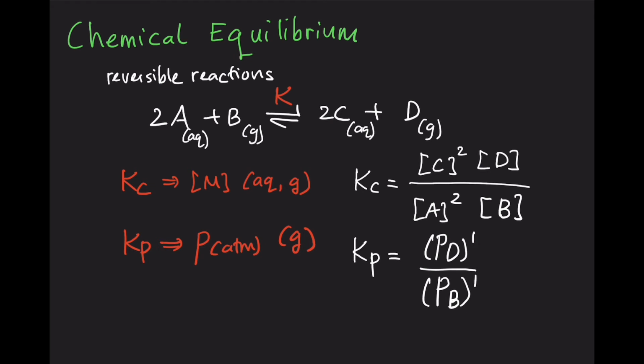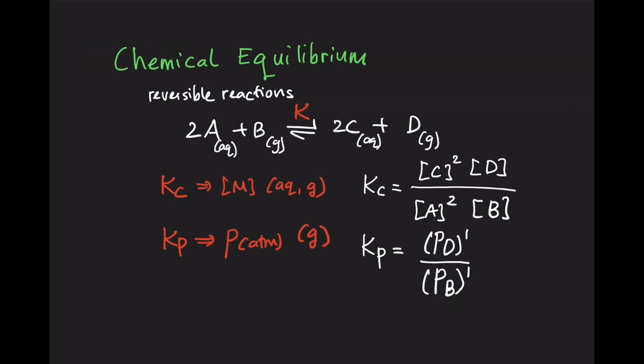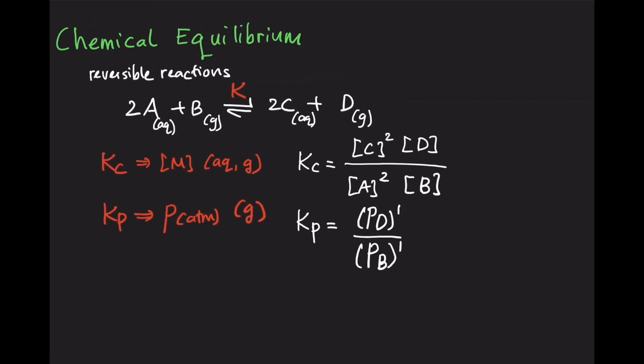Okay? So what does this mathematical expression tell us? If we try to monitor this reaction, let's draw a plot of this reaction. So here is the progress of the reaction. And this one is either the molarity or the pressure, so a way to express the amount of these products and reactants.